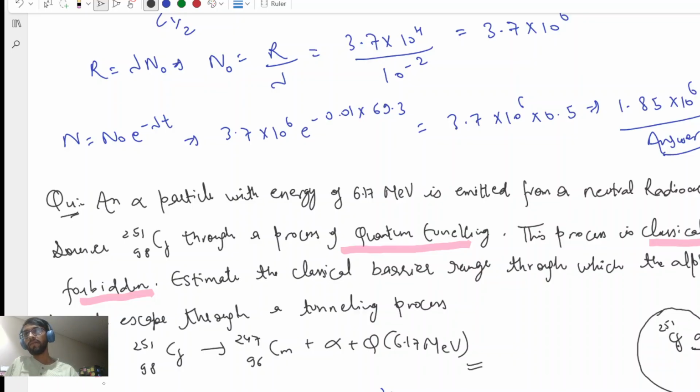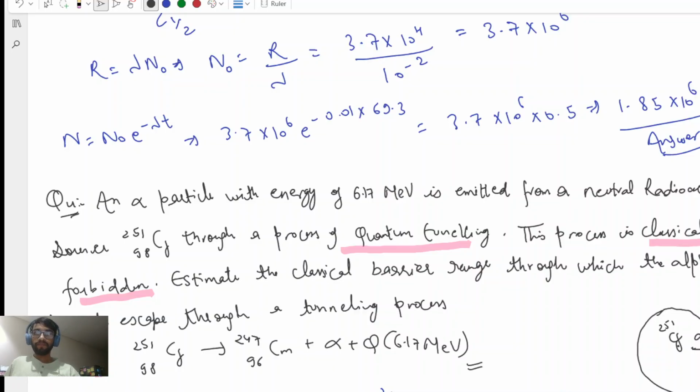The energy by which the alpha particle is released is less than the potential. So still the potential is very large. How does this alpha particle escape? It is because of quantum tunneling. There is a slight possibility. All quantum phenomena are based on probability, so there is a slight probability to escape.